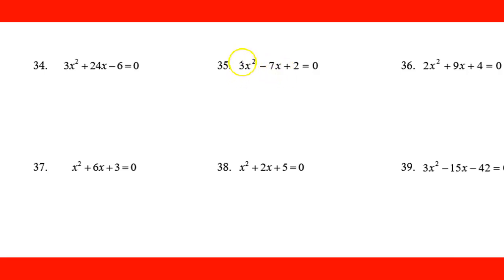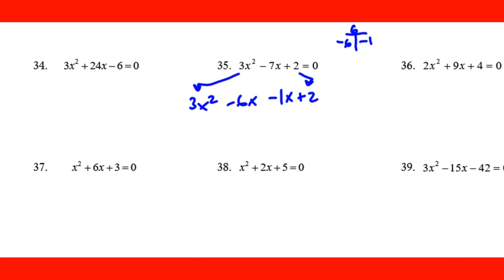I'm going to multiply the leading coefficient times the constant. 3 times 2 is 6, and the factors of 6 that add to give me 7 are going to be, let's see here, 6 and 1. So we write this, minus 6x, add the x because I have to make 7x, minus 1x, and then plus 2. Keep that.